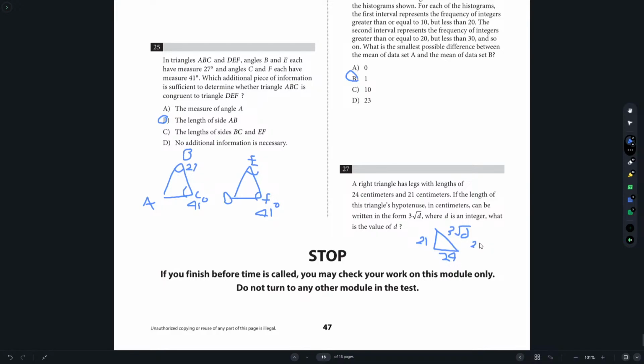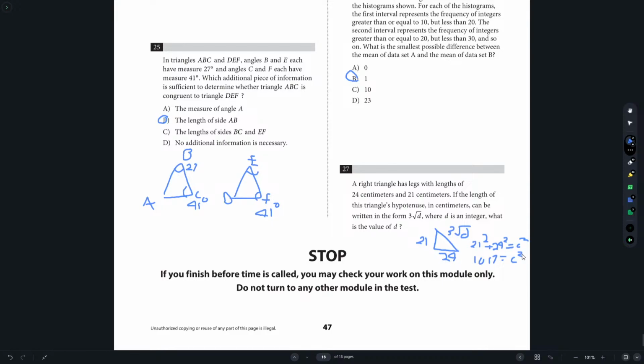Well, we're going to have 21 squared plus 24 squared is equal to c squared. 21 squared is equal to 441, plus 24 squared. It's 1,017 is equal to c squared.